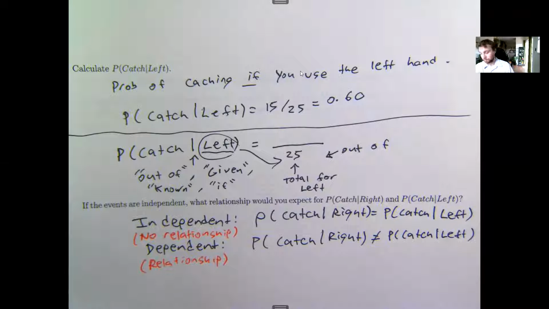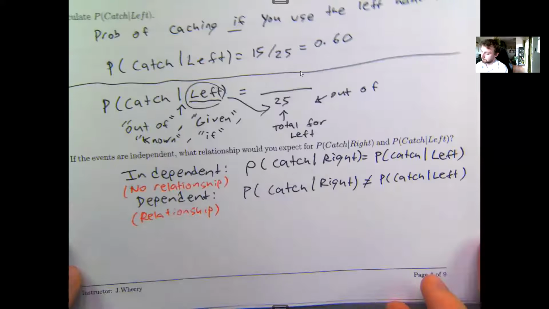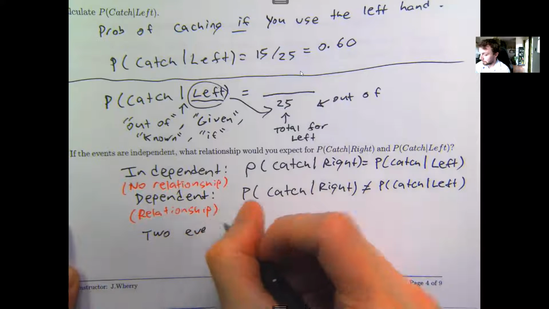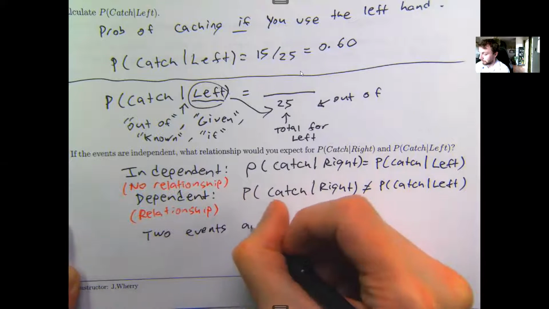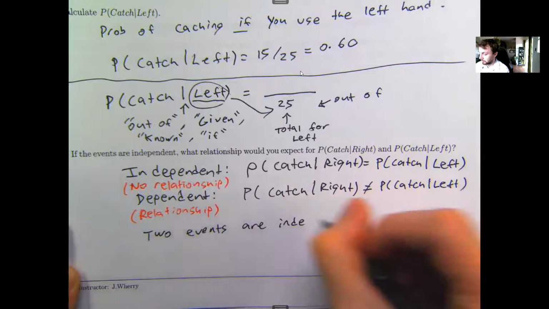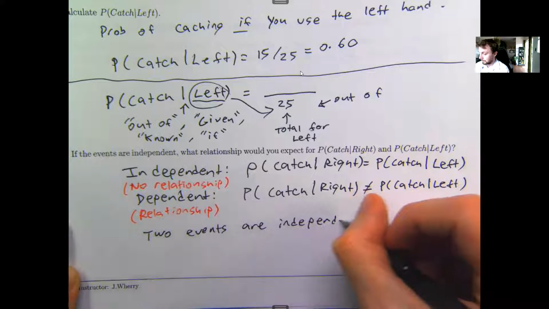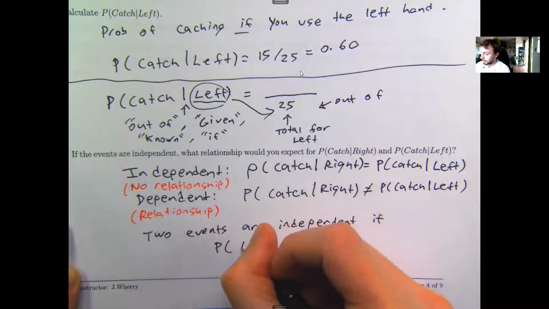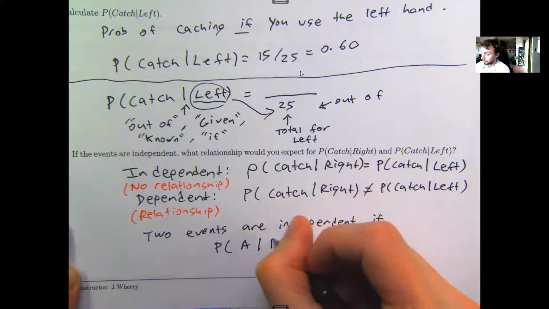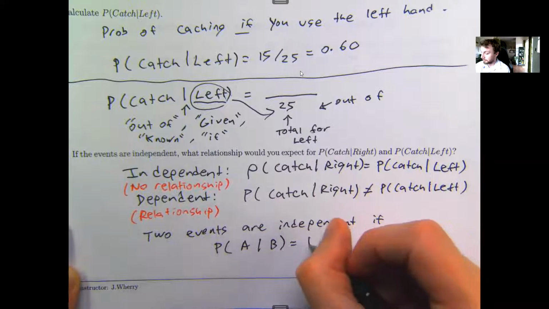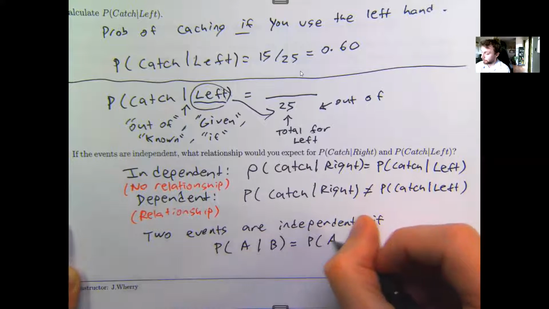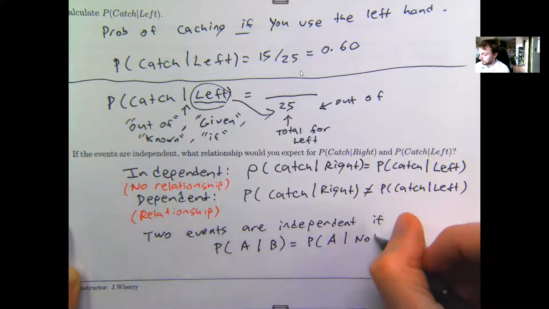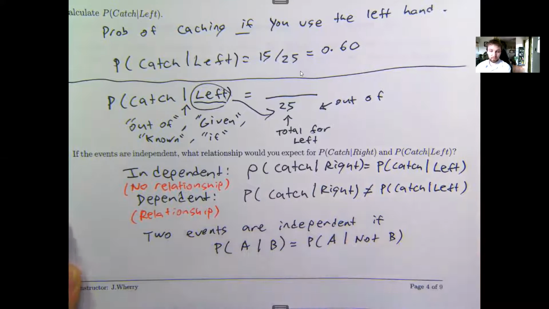More generally, two events are independent if the probability of A given B, or out of B, is the same as the probability of A given that B has not happened.